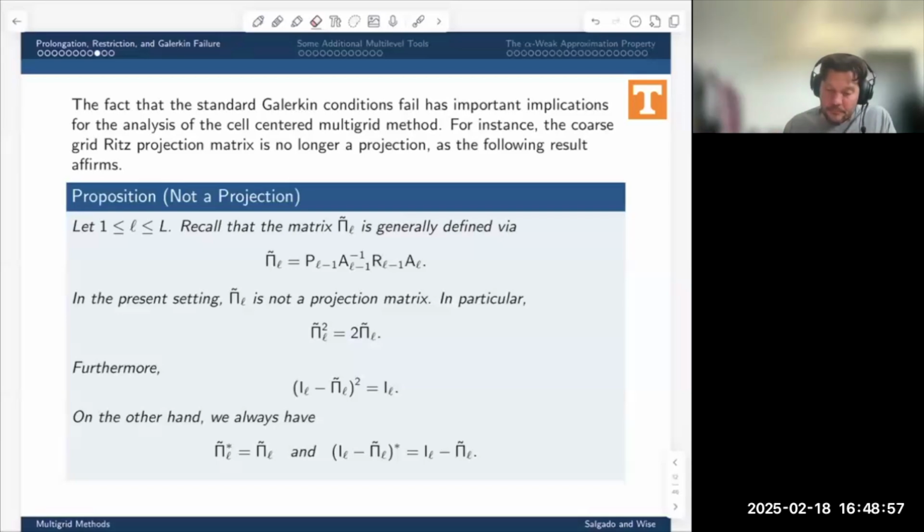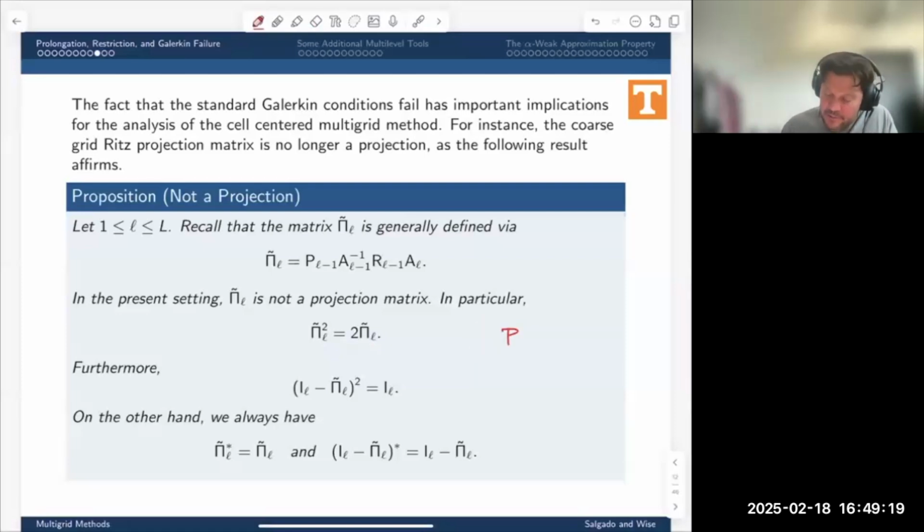Now, if you find out that a matrix is not a projection matrix, then I minus that matrix is also not a projection matrix because there's an if and only if relationship between these two things. Let's do it completely generically.